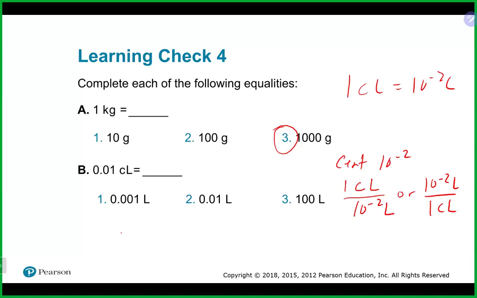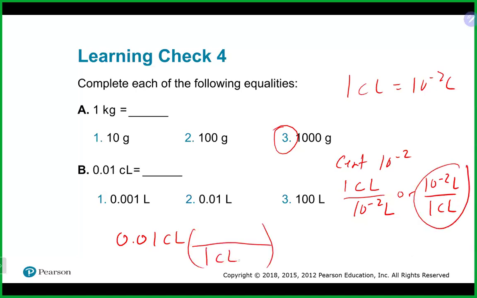We were starting with centiliters on top, so we would want to use it like this. 1 centiliter is 10 to the minus 2 liters. Those will cancel. If you take your 0.01 times 10 to the minus 2, hopefully we should get, I think it's missing a 0.